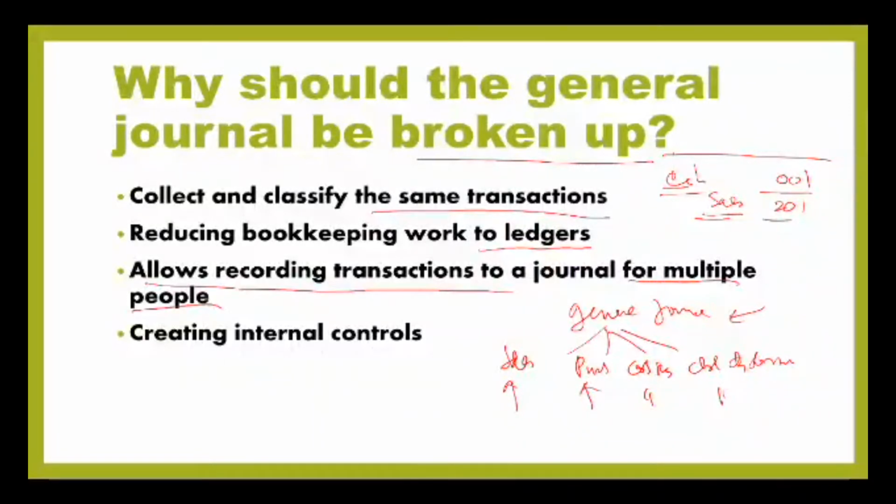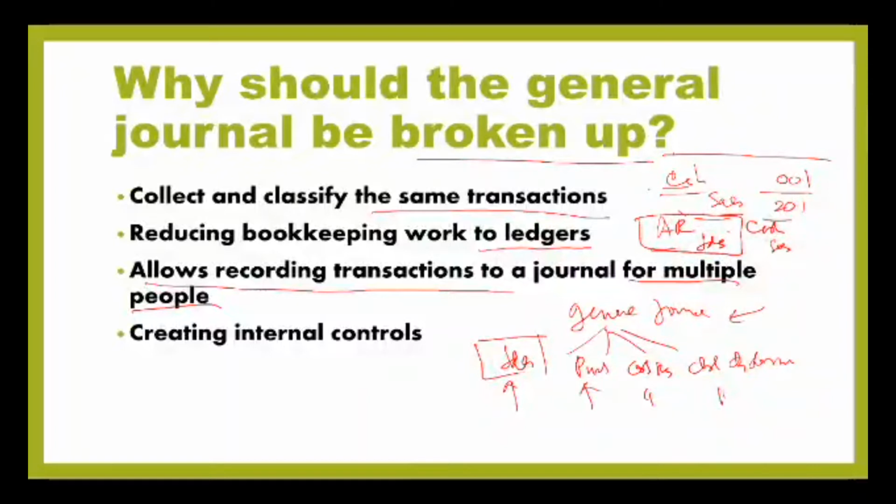And then creating internal control. If you record the sales transaction in a special journal, you don't have to type it again and again, so it will reduce mistakes. For example, for a credit sales transaction you should type account receivable to sales, but you make it wrong as a cash transaction, typing cash to sales, when the actual transaction is credit sales.